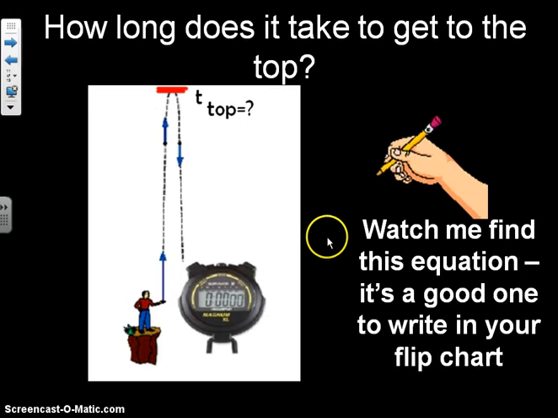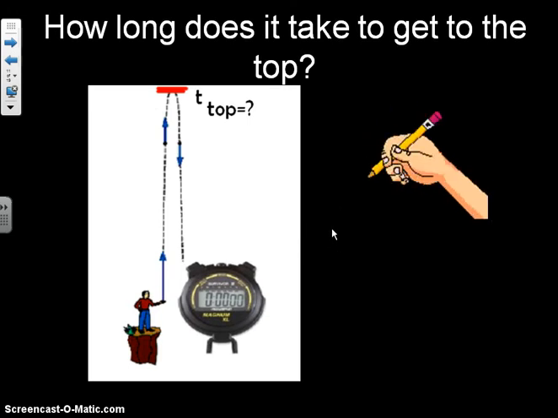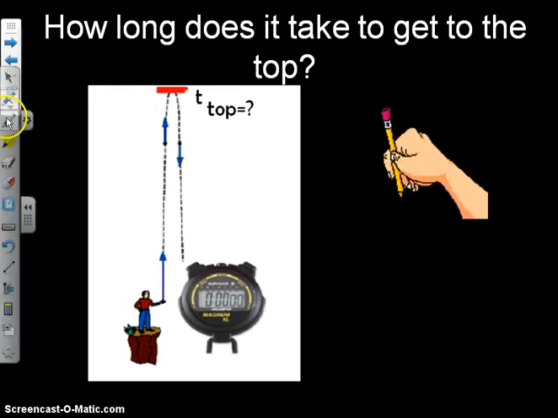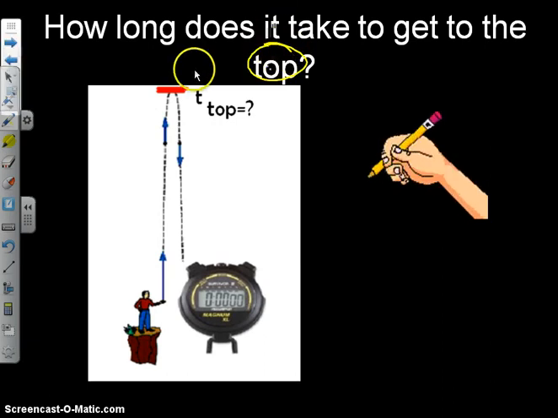Okay, so let's see if we can figure out an equation that tells us how long it takes to get to the top of a trajectory. And what I want you to focus on here is this word top. So we should know that the top of a trajectory is specifically telling us that the velocity up here is going to be 0.